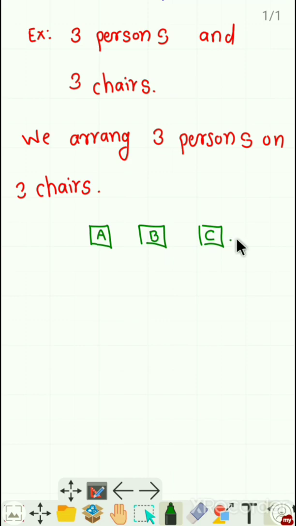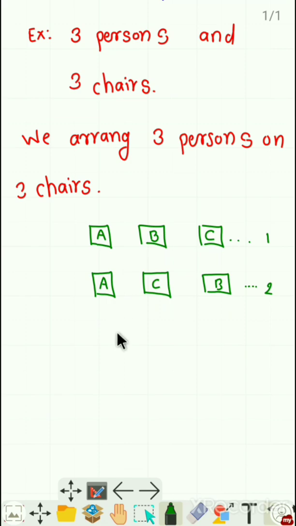This is our first way of arranging these three persons on three chairs. The second way is we keep person A as it is and interchange person C and person B. This is our second way.